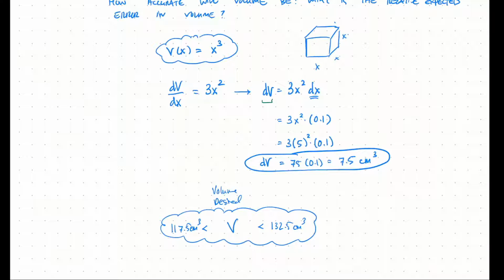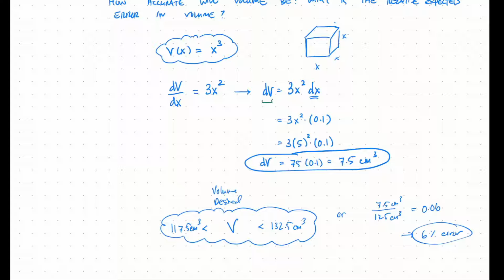Another way to think about this: you can think about the range of possible outputs, or you can think about the fact that 7.5 out of 125 centimeters cubed is going to give you 0.06, which tells you that you've really got about 6% error possible in the volume from the slicing being 0.1 centimeters off.